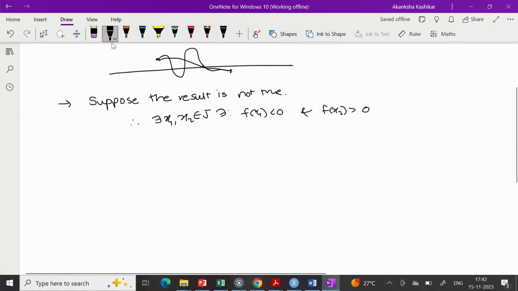And now by the intermediate value theorem, there exists c which is between x1 and x2.